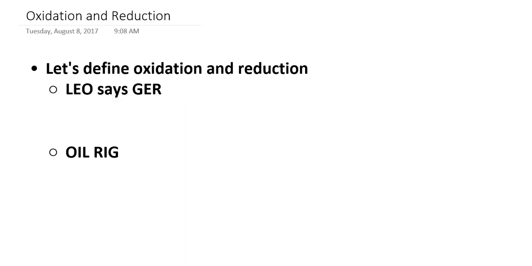Hello everyone. So in this tutorial, we're going to have a brief overview of the processes of oxidation and reduction. The reason why this is so critical to understanding reactions in aqueous solution is that oftentimes when we actually observe these types of reactions, what's happening is that electrons are being transferred from one reactant to the other.